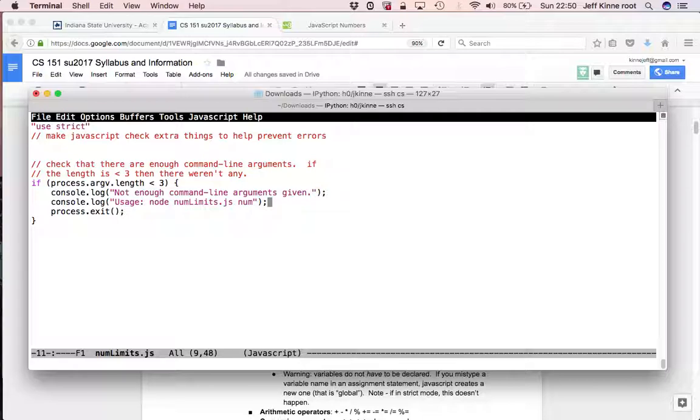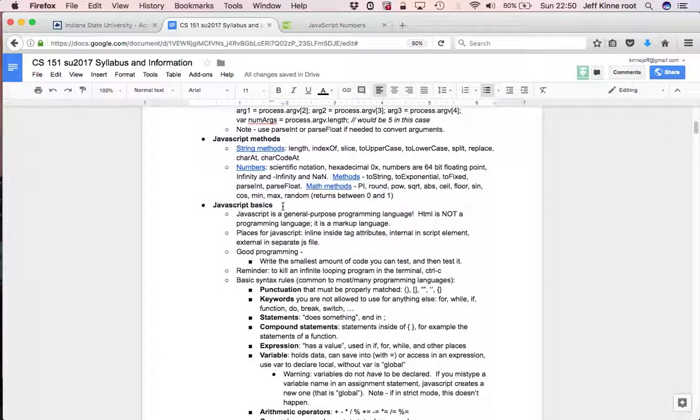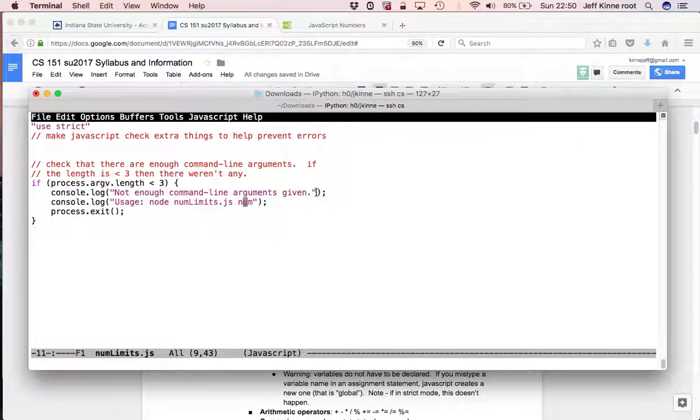So let's say we want to get something that tests the limits of how big numbers can get, so that we'll see this infinity, negative infinity.